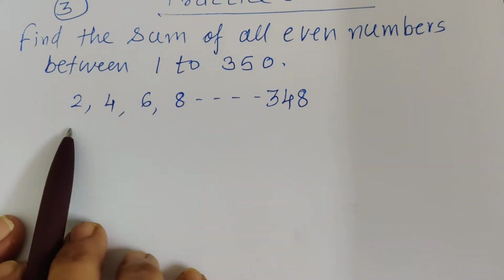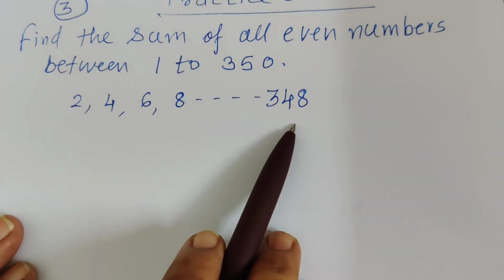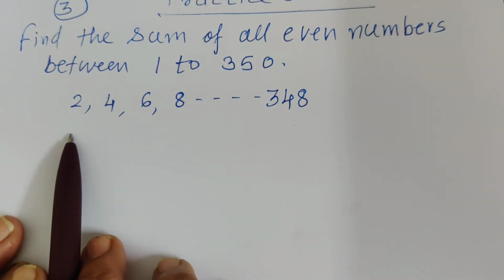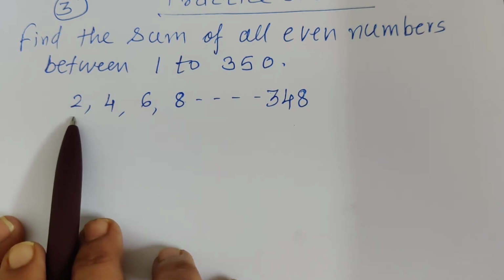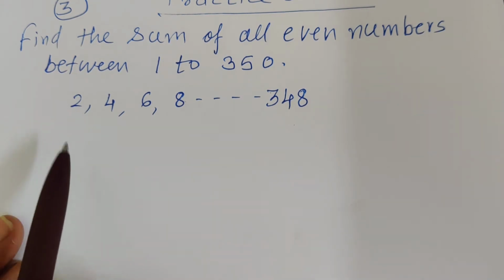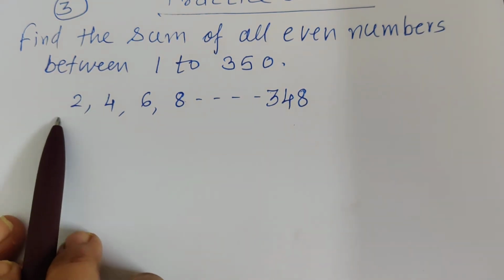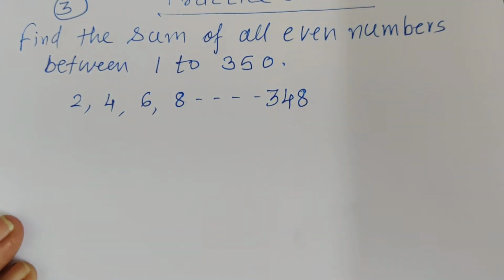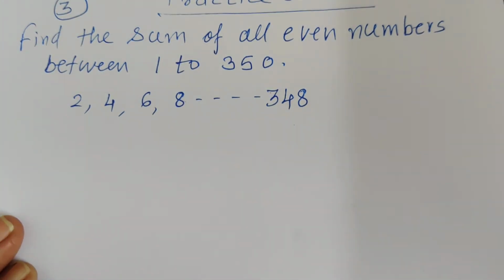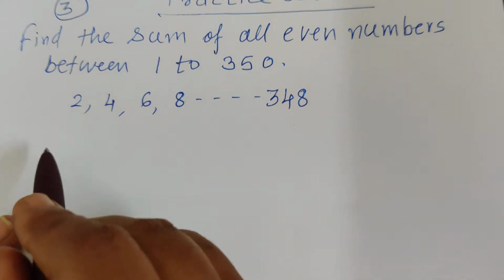So now the sequence, or the AP, is in front of us. We have to find the sum of all even numbers from 2 to 348. The formula we are going to use is the Sn formula.